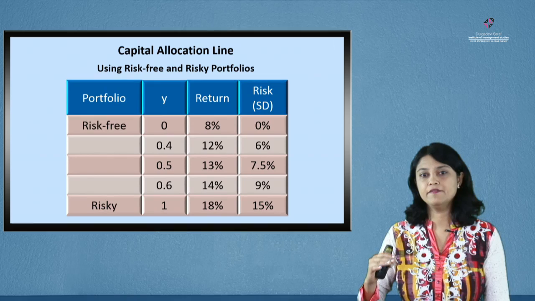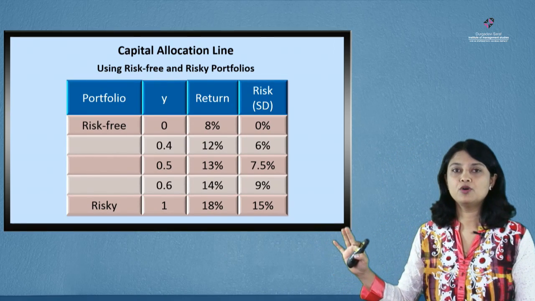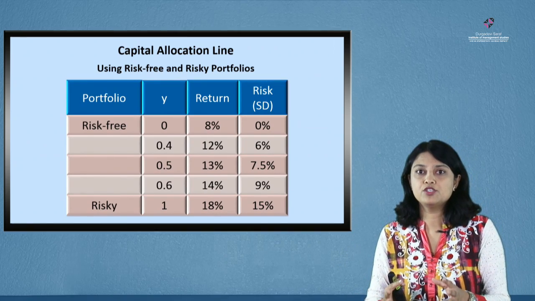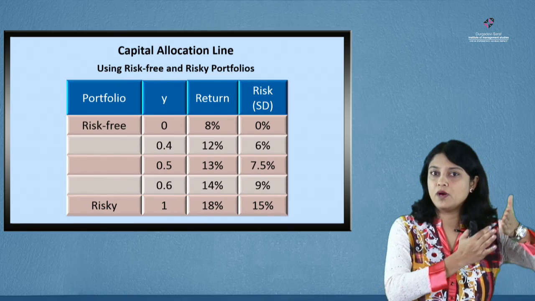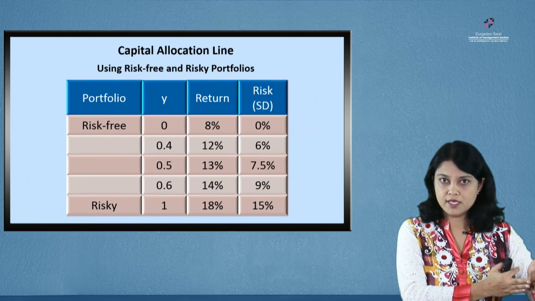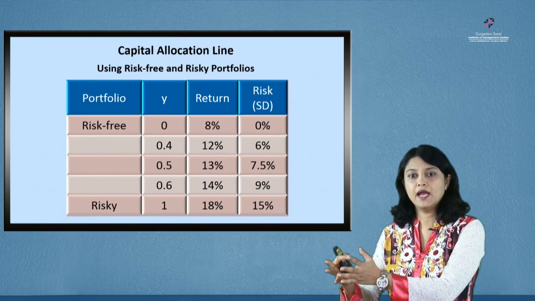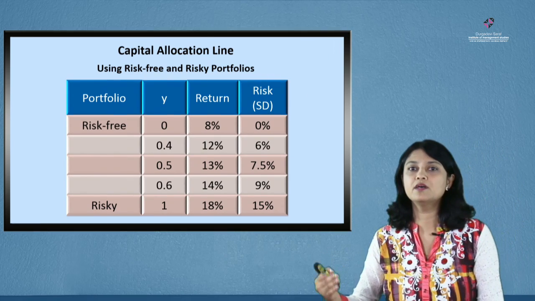So now we are ready with these different choices. Now this table shows you various options between the two extremes. One extreme is risk free, less return, no risk. The other extreme is market return and risk, which is the risk pertaining to the risky portfolio.